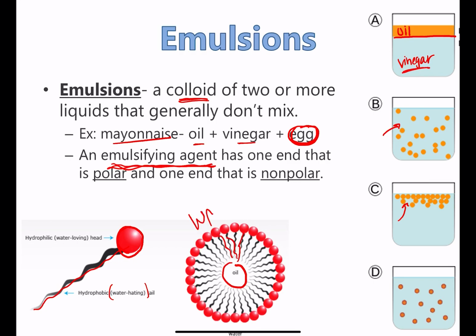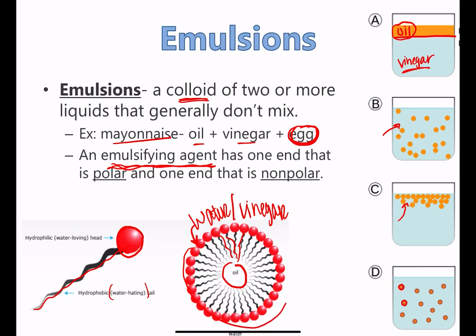And then the water or the vinegar, a vinegar is a solution of acetic acid in water, is going to be on the outside by the polar heads, the water-loving heads. And so you can't hardly see it in this diagram, but these oil molecules, which are represented by the orange, are surrounded by these little circles.